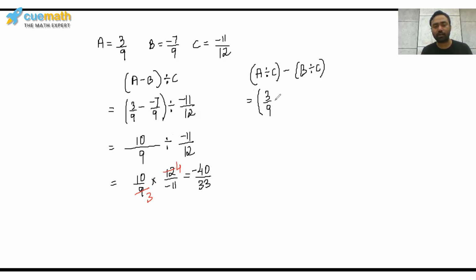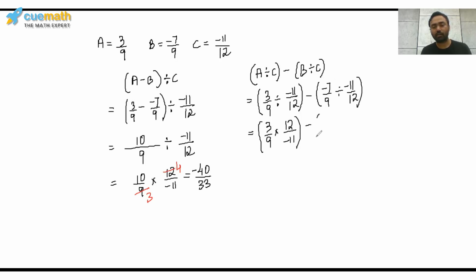So 3 over 9 divided by negative 11 over 12 minus b, which is negative 7 over 9, divided by negative 11 over 12. Now from the first bracket, let's convert this division to multiplication. So 12 over negative 11 minus 7 over 9 times 12 over negative 11.